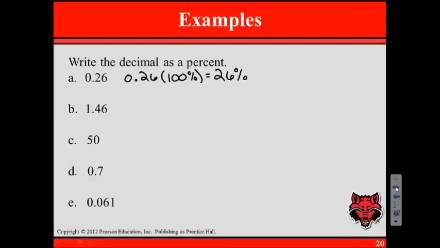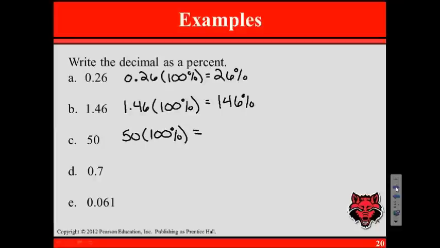We can also use the multiplying by 100 method for the next example. 1.46 times 100% becomes 146%. Let's try that method one more time. 50 times 100% becomes 5,000%.